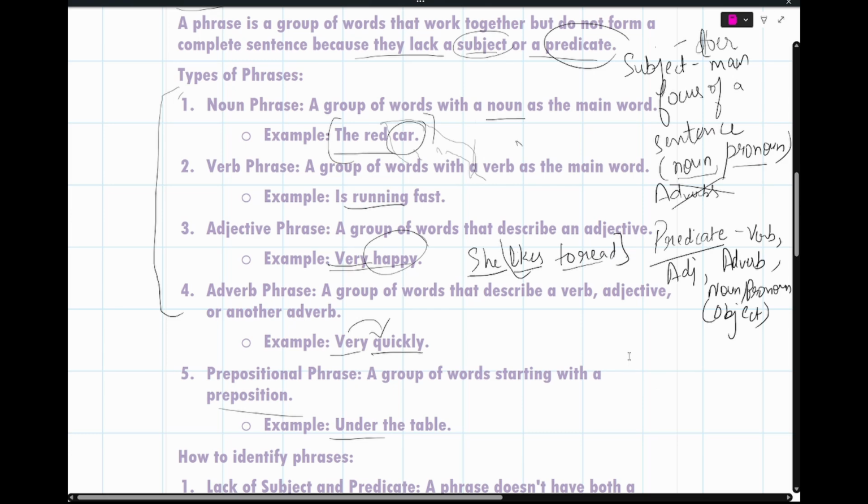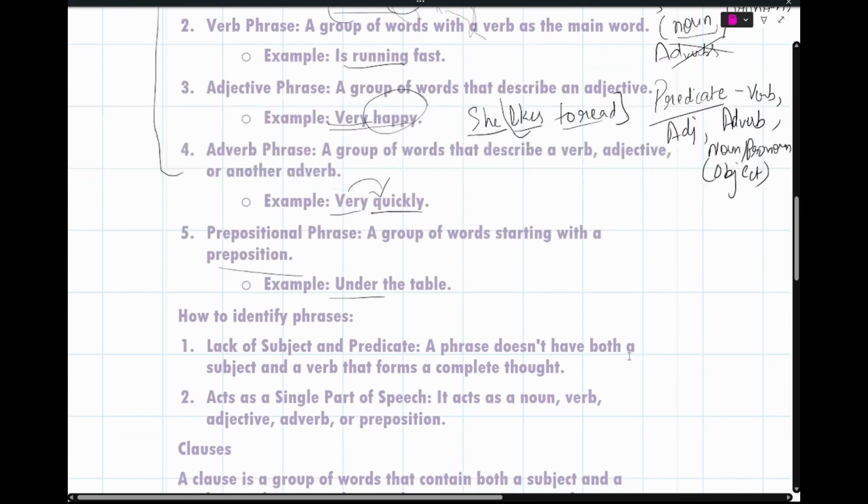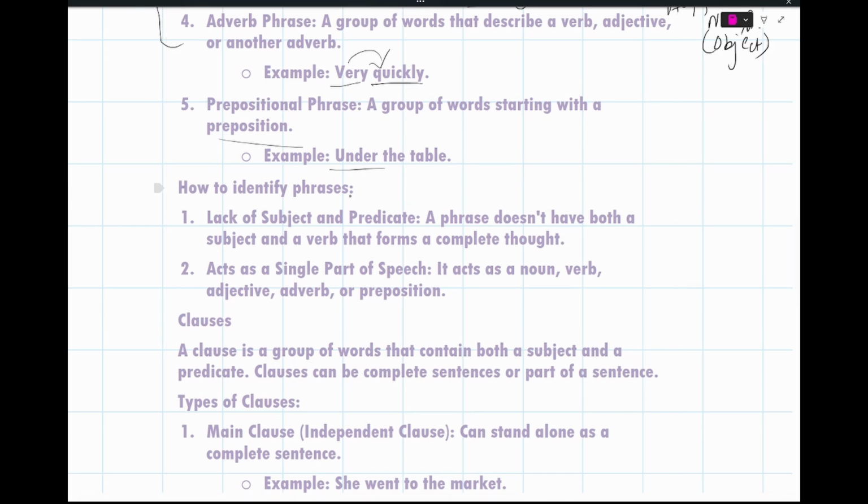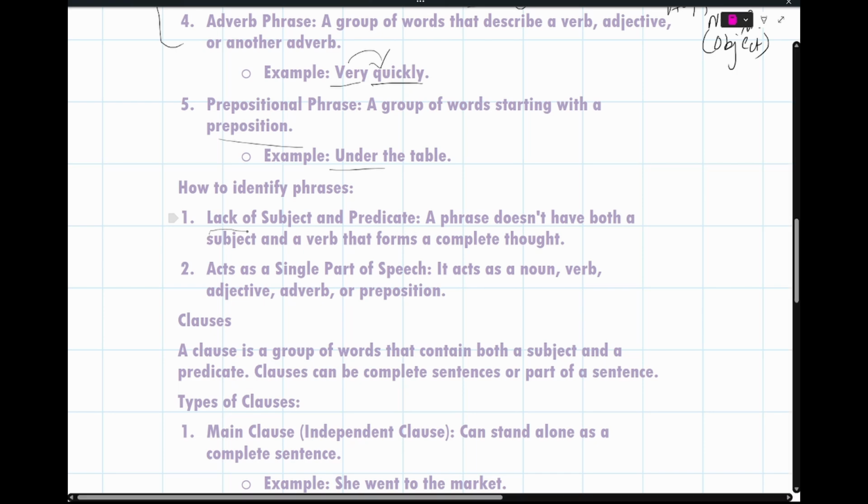I hope it's clear till now. You have to be able to understand how you will identify phrases. Identification of a phrase: it lacks a subject and predicate, like we discussed earlier. A phrase doesn't have both a subject and a verb.